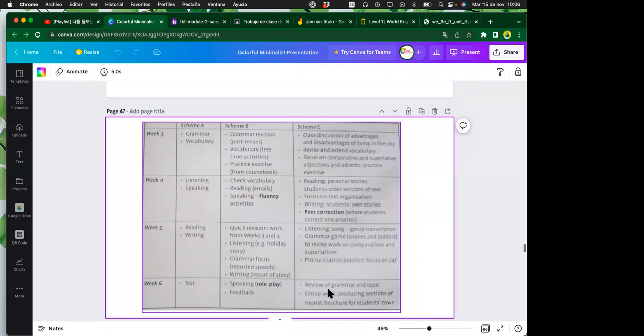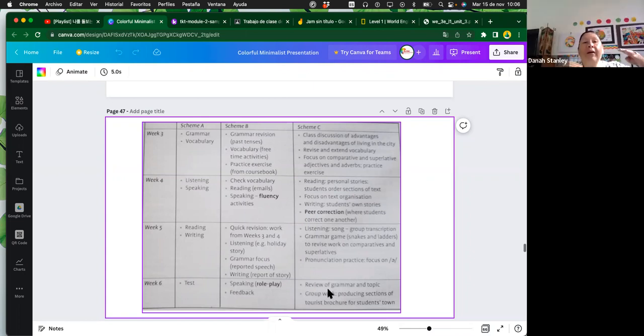Maybe that some students are faster than others and they learn quicker and others are slower. Okay, so I would need to make this scaffolding, no? Yes. Okay, very good.